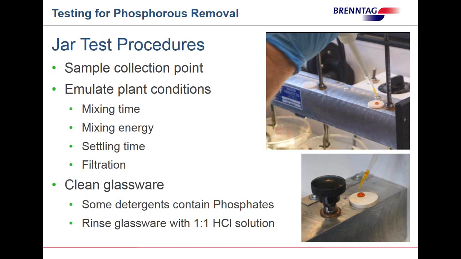Since some dishwashing solutions contain phosphate, the analyst has to be sure and clean the labware thoroughly. Recommended to clean with a mild hydrochloric acid solution and then rinse thoroughly prior to performing the test. Next.